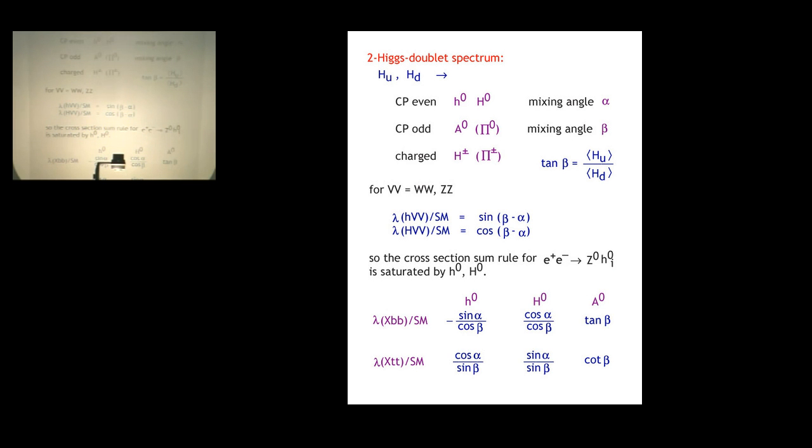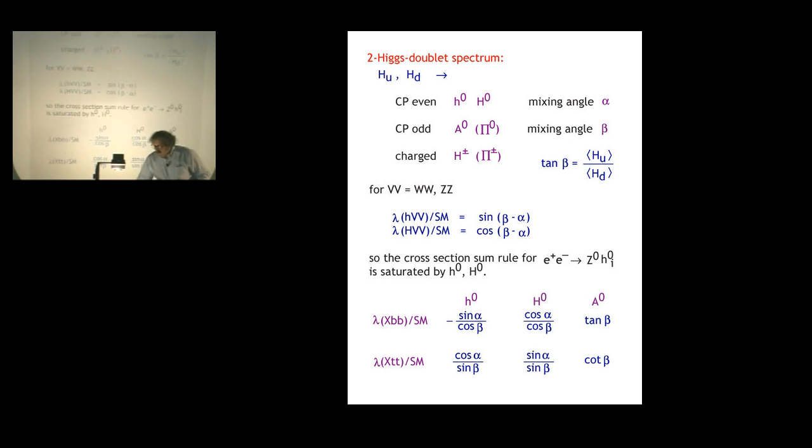A CP odd state called A0, and this is actually a true Goldstone boson of SU2, mixing with an angle called beta, which is exactly the ratio of the 2 Higgs expectation values. And then a charged Higgs pair and another pair of Goldstone bosons. The things in brackets are eaten by the W and Z when they get mass, and the other particles listed are physical and observable.